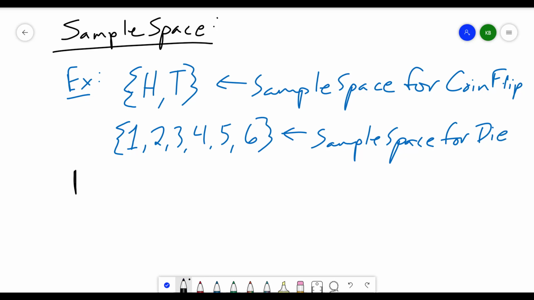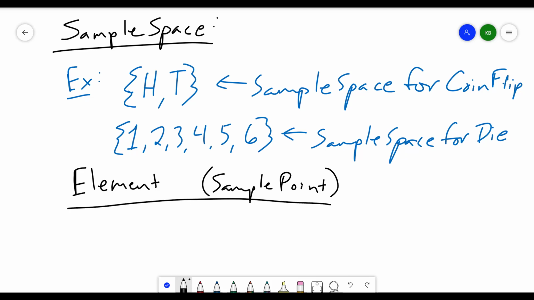Another word that we toss around a lot is an element. Sometimes we call it a sample point. All right, so what this is, is every single entry in a sample space.